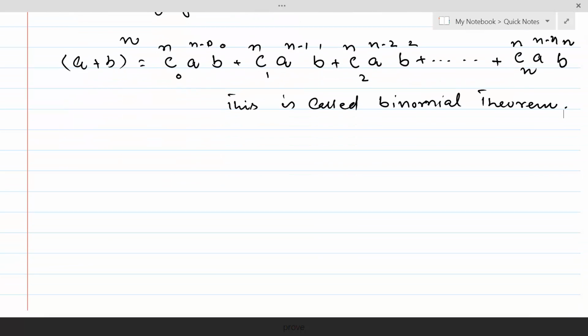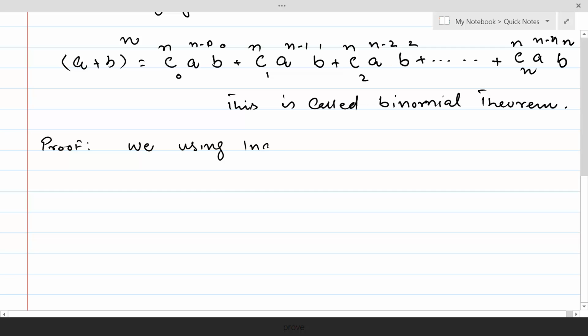Let's prove this result with the help of induction. So proof, we use the induction method. We use induction to prove this result.